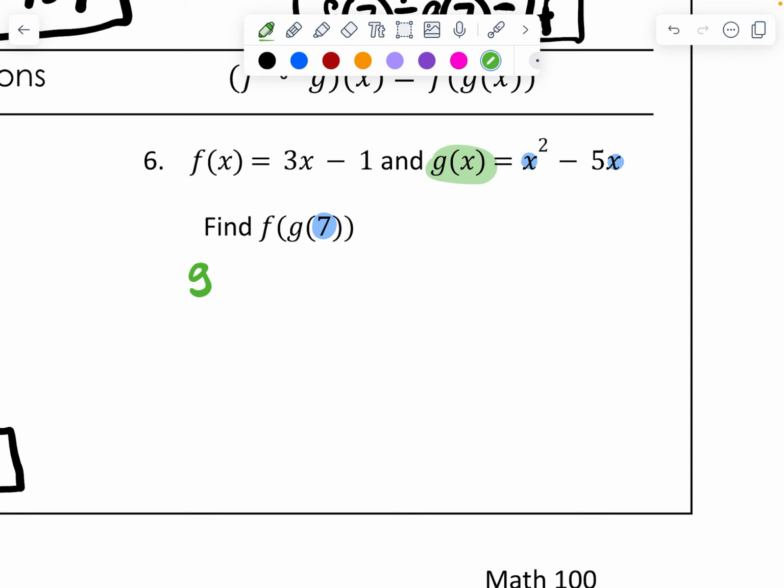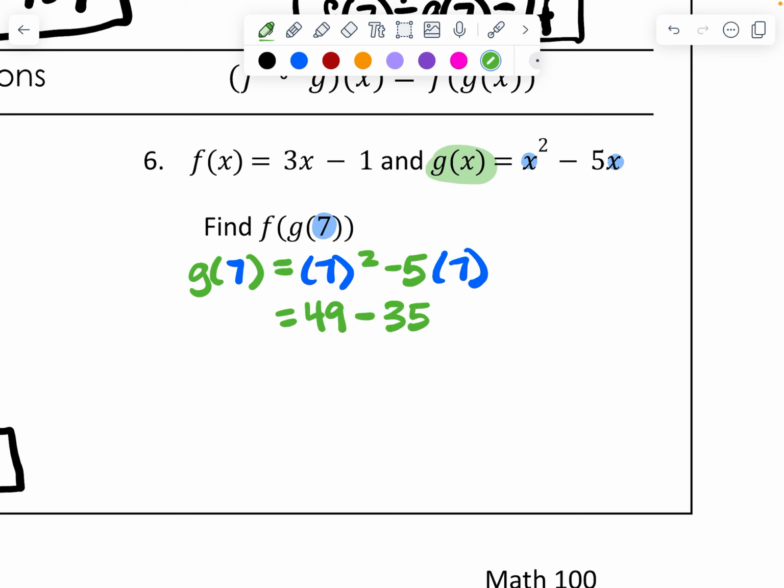So g of 7 equals 7 squared minus 5 times 7. You can put that whole thing in your calculator or follow order of operations. 49 minus 35, which is 14.